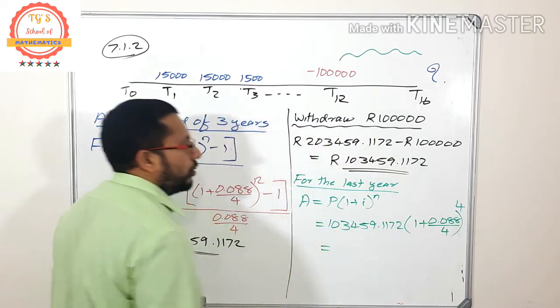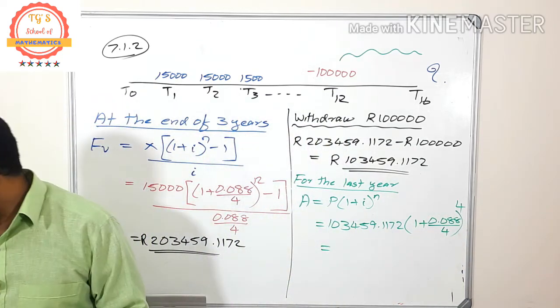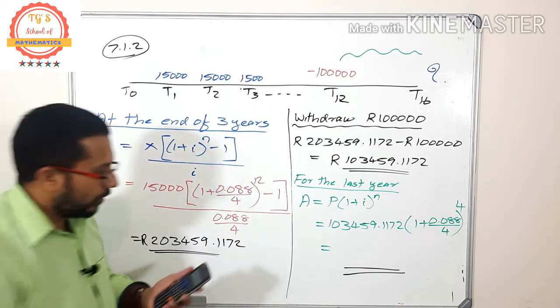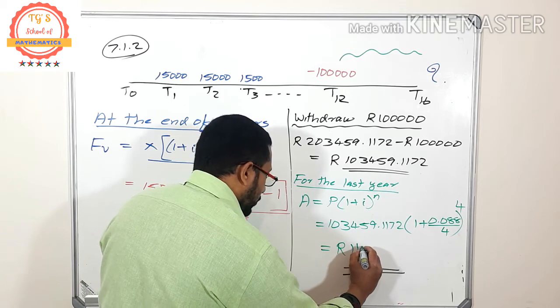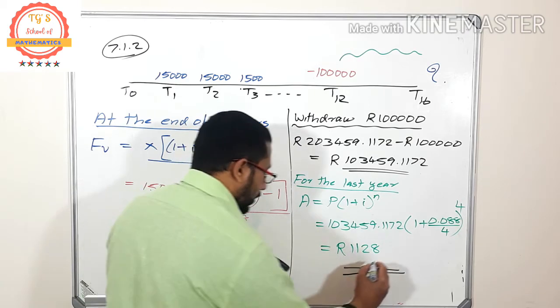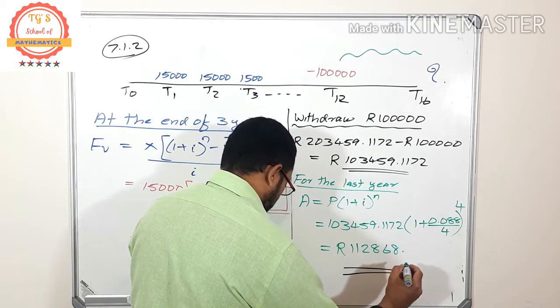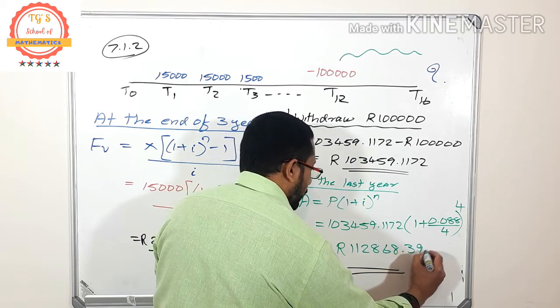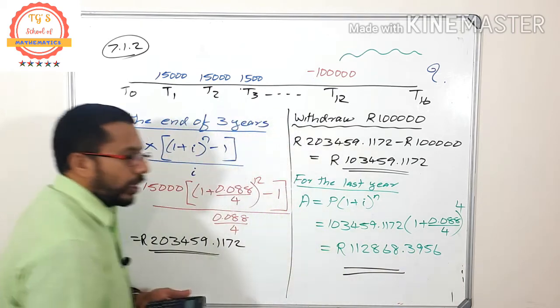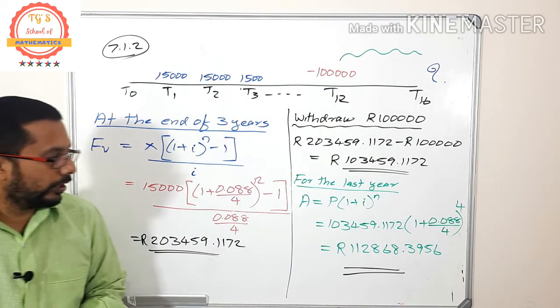Now take your calculator and try to find the answer. Okay. So in my calculator, I got the answer, rand 112,868.3956. You can check in your calculator, getting the same answer.